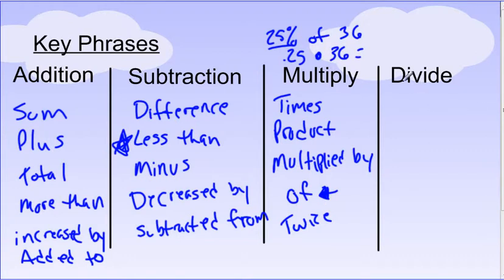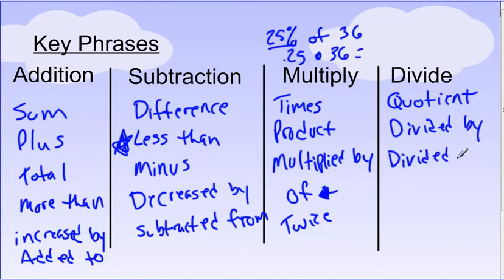And for division, we've got quotient, we've got divided by, divided into, cut into. Anytime you have a problem where you're cutting something up into equal pieces, like if you have a pizza and you're cutting it into 5 equal pieces, you're dividing it.